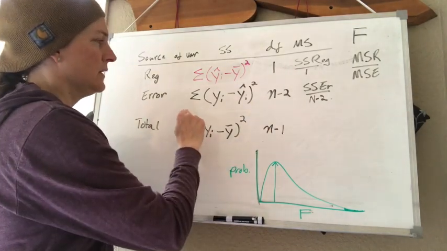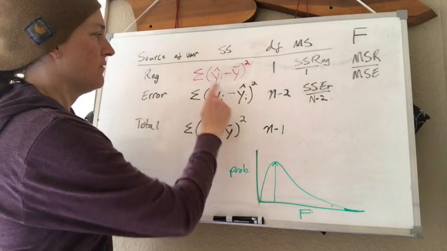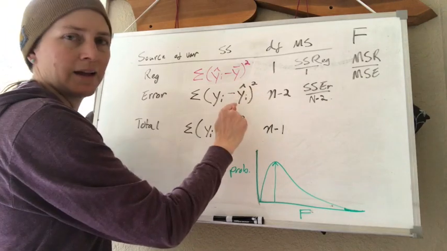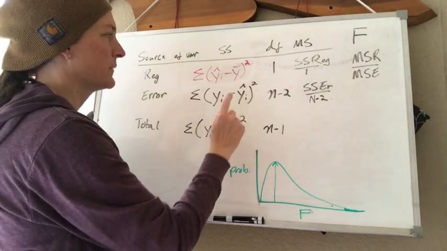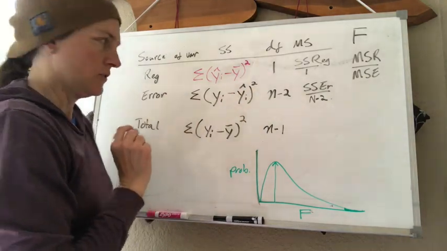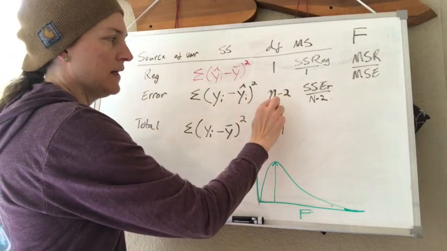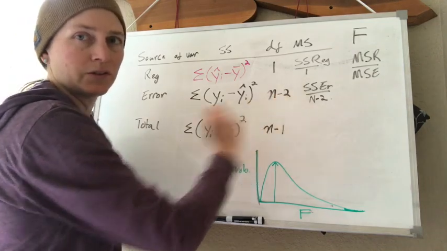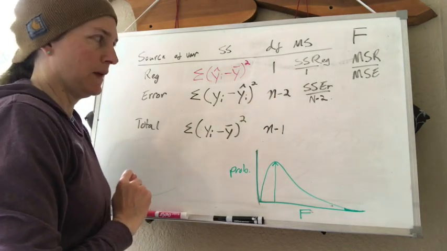In terms of this error term, you have all of the points in your data set. And to understand the line, you have to estimate both the slope and the intercept. And so that's why there are n-2 degrees of freedom for your error term, because you need 2 degrees of freedom to estimate the slope and the intercept.